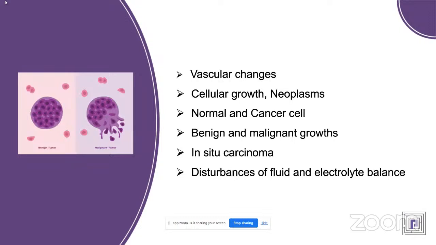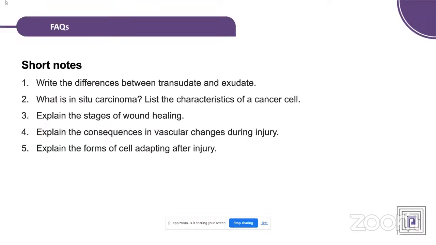Coming to the frequently asked questions in Unit 1. What are the differences between transudate and exudate? In this question you have to draw a table, it would be a better representation. You have to write the differences between transudate and exudate in a table form.